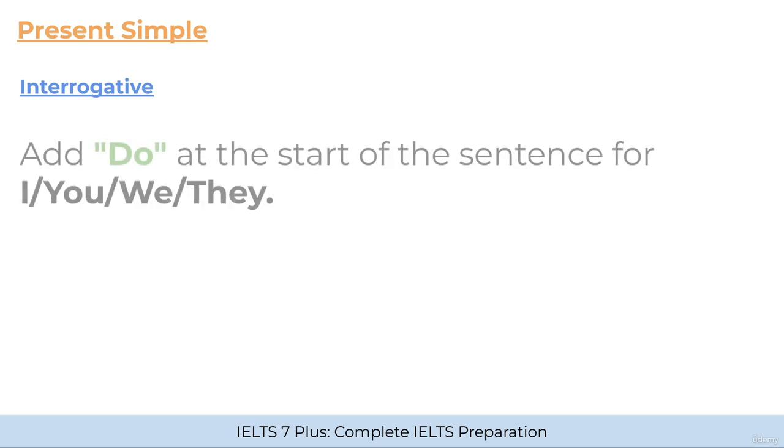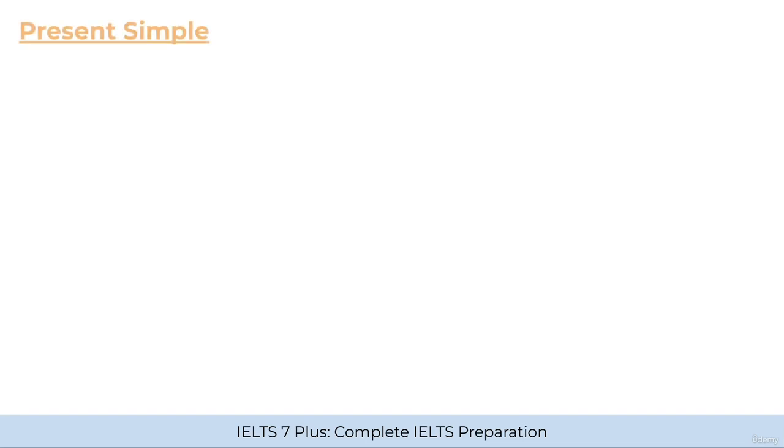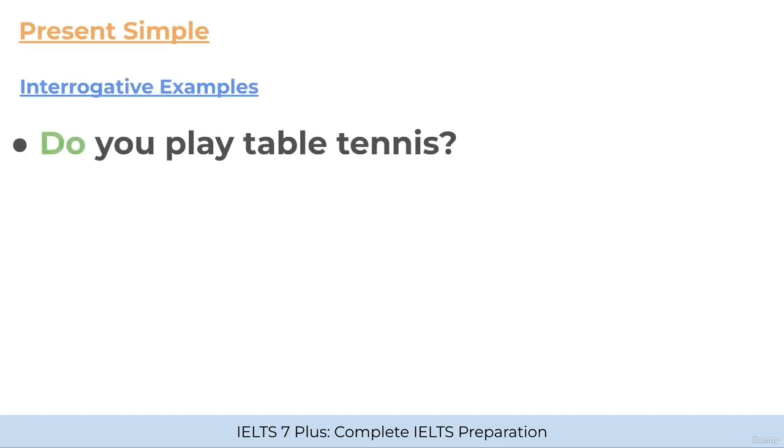Okay, so what do we do here? Well, we want to add do at the start of the sentence for the subjects I, you, we, they. And we want to add does at the start of the sentence for he, she, and it. Let's have a look at this in action. Do you play table tennis?